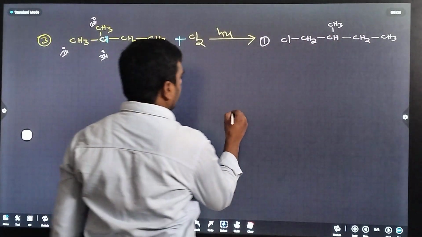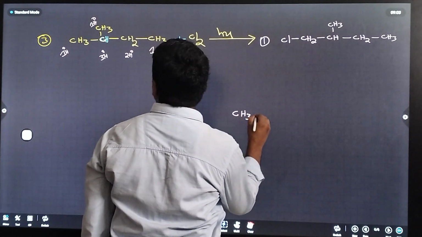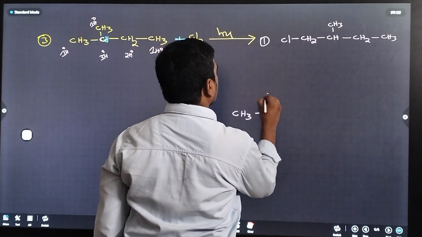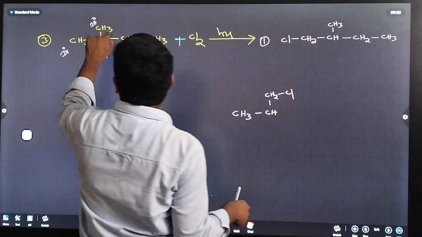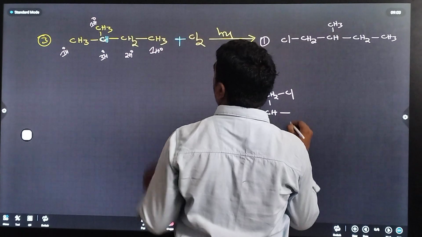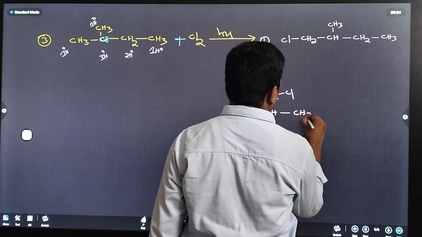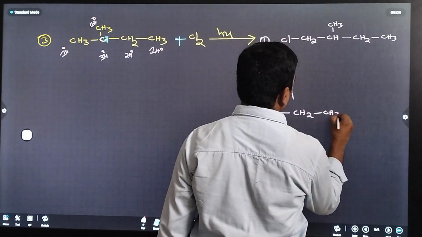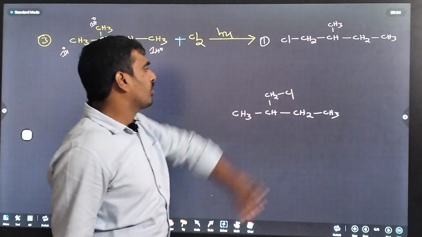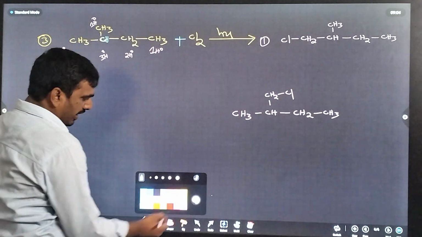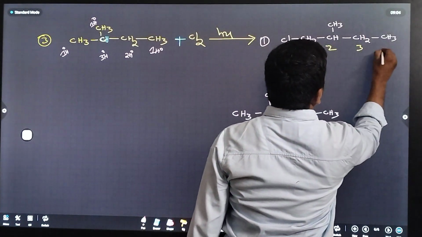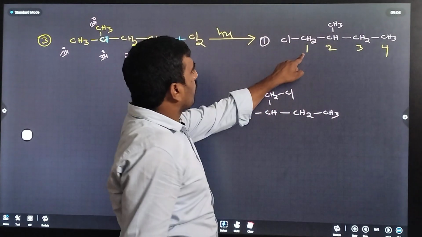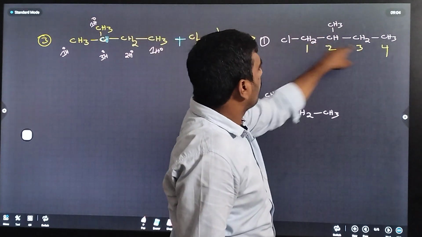So now I can write here CH3, CH, CH2, Cl. This hydrogen is replaced by the chlorine atom. So we get CH2 and CH3. Both compounds are the same because of the same IUPAC name. So this is 1, 2, 3, 4. So 1 chloro 2 methyl butane.